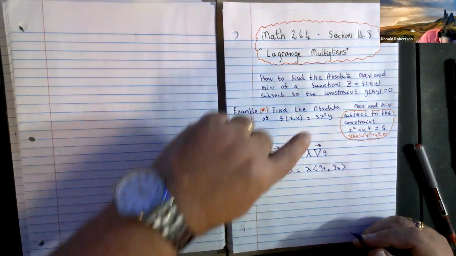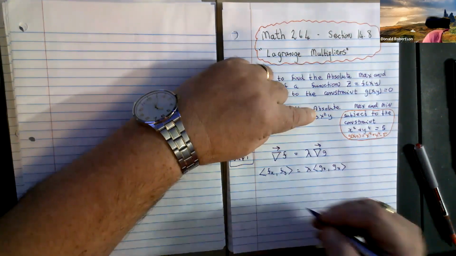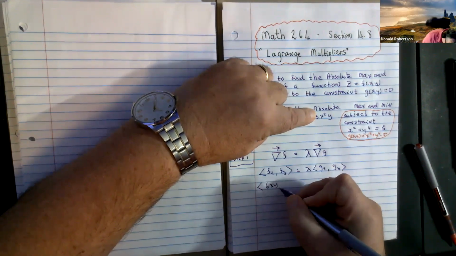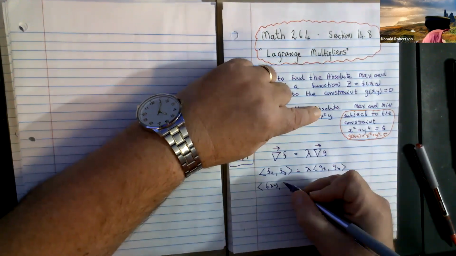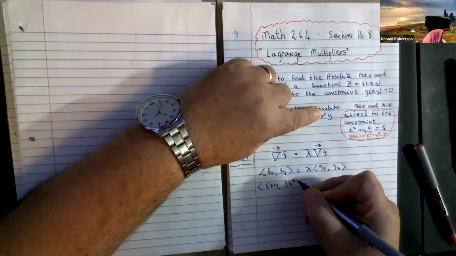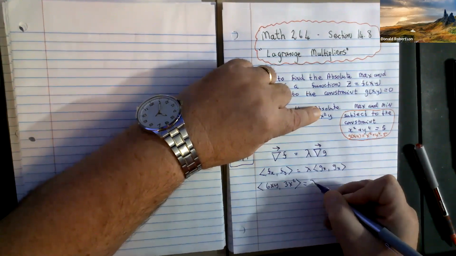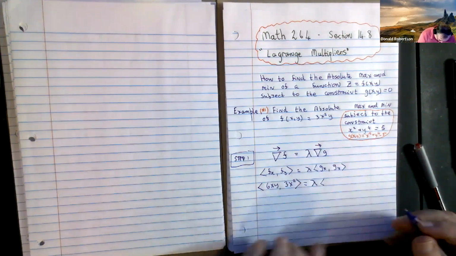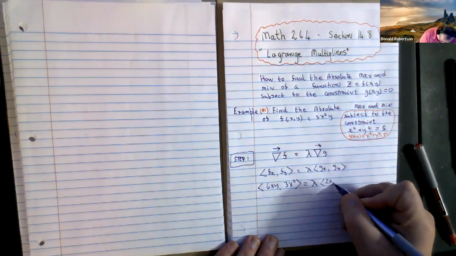Now, the gradient of f is the partial derivative of this with respect to x, which is 6xy. And then you do it with respect to y, and you get 3x squared. Then you stick a lambda in, and you differentiate this function here with respect to x, and you get 2x.